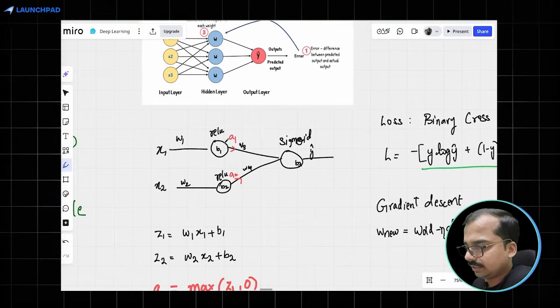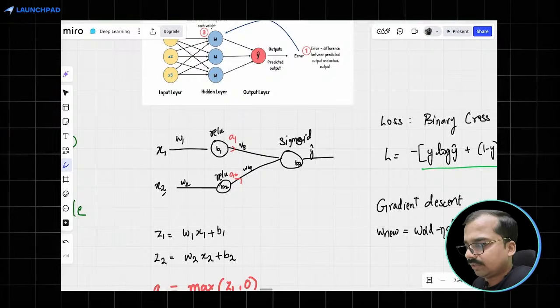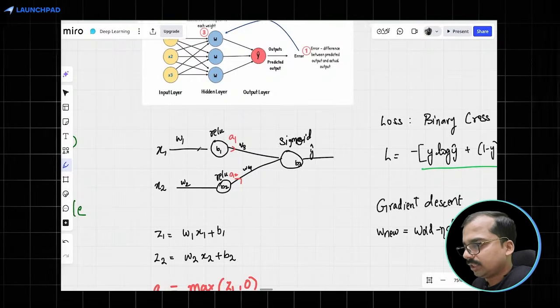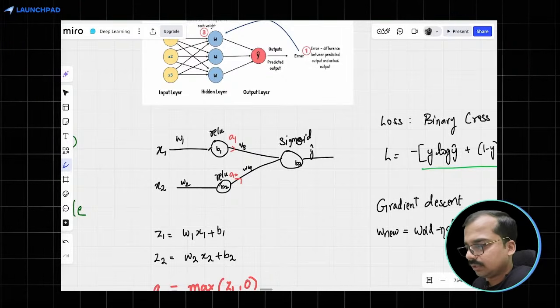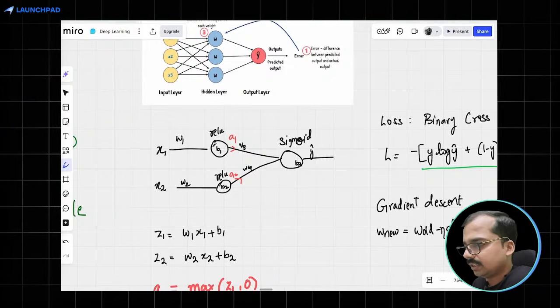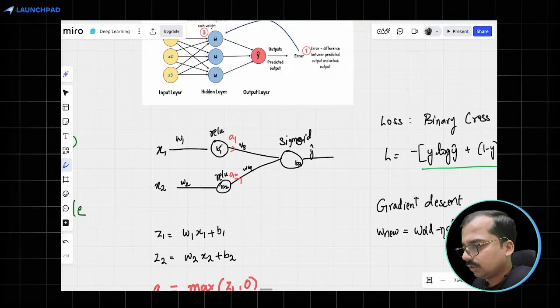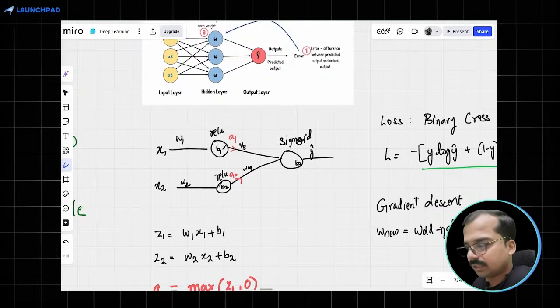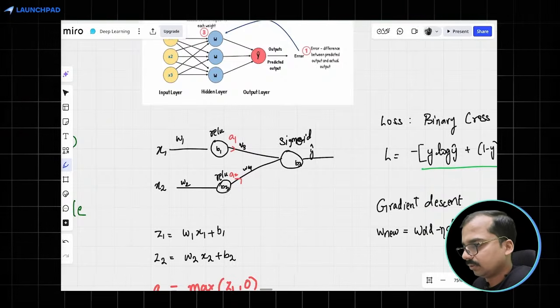If you see this network, I have two inputs x1, x2, right? Here is some weight associated with this edge, and there is a weight over here. Then there is a bias for this neuron, b1, and here the bias is b2. W1 is the weight for this neuron, W2 is the weight for this neuron.